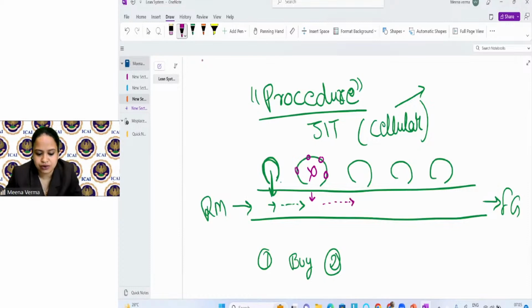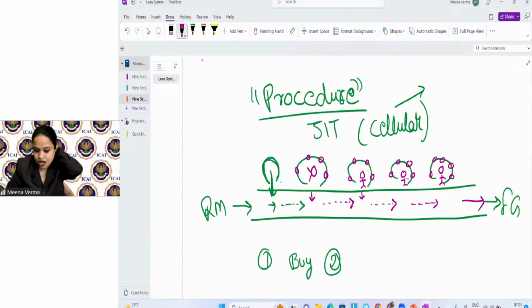Then the product will move here, where the next person uses all these machines and adds value to it. Then it moves on again, and the next person adds value, and finally you get a final product. This is how we produce goods in cellular manufacturing.